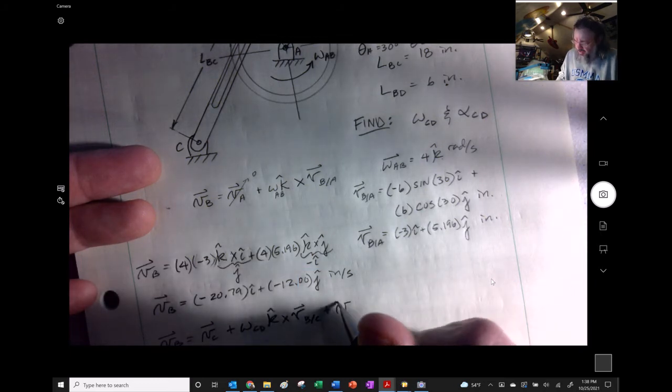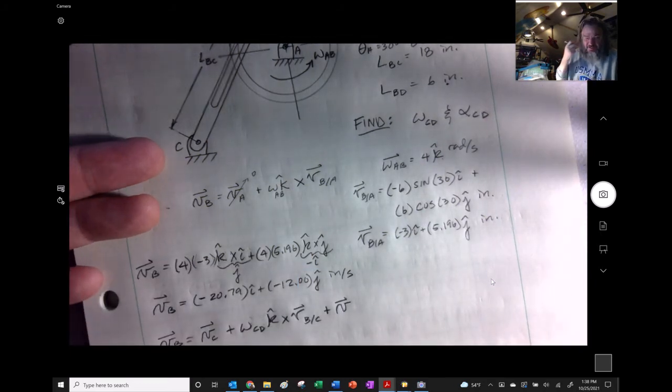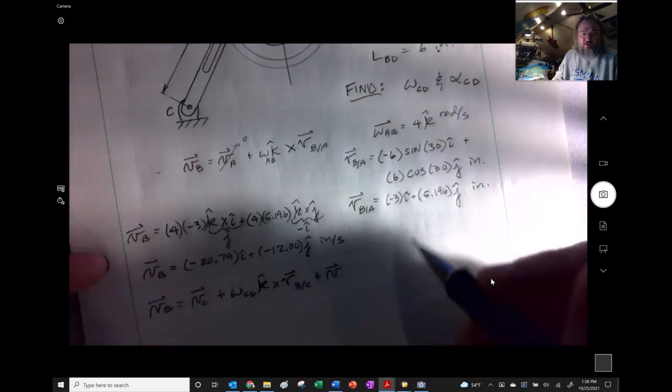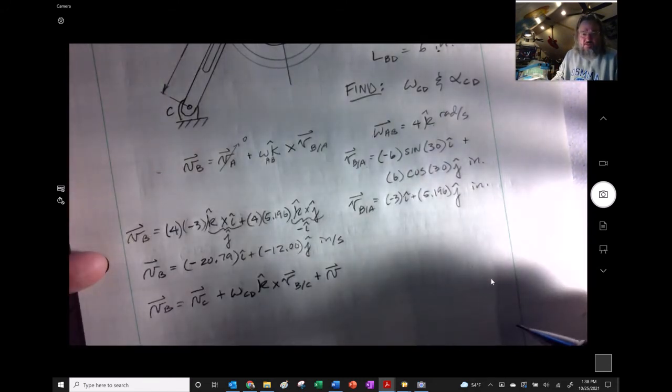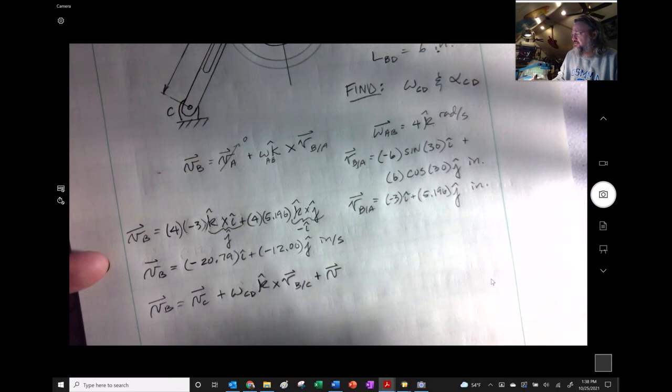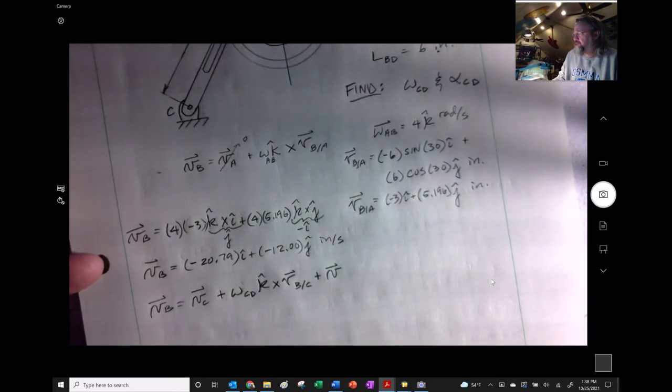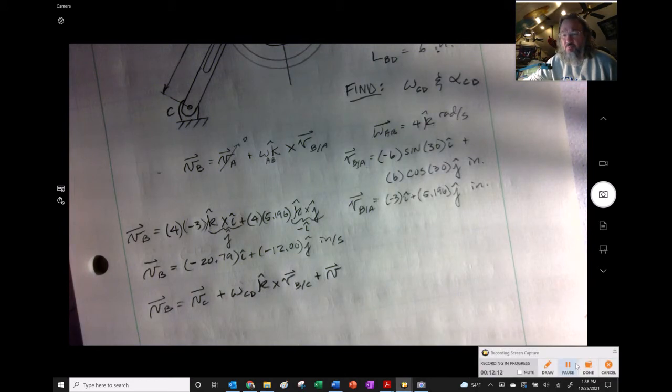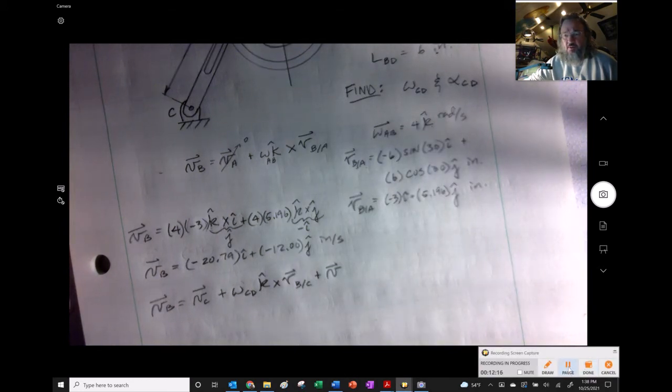Trying to think how I have written this before. I think it's going to be the relative velocity. I don't write these problems very often, so I want to be consistent with how it's written in the book. So let me take a peek in the book.